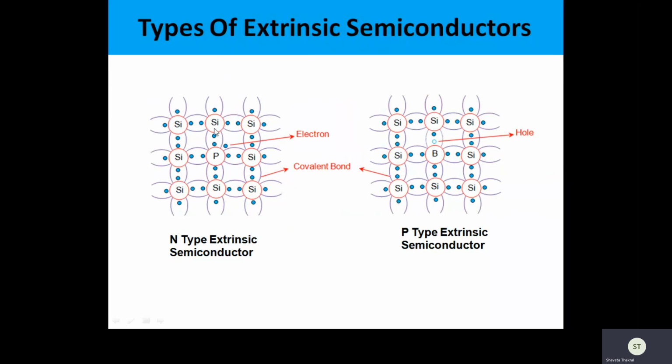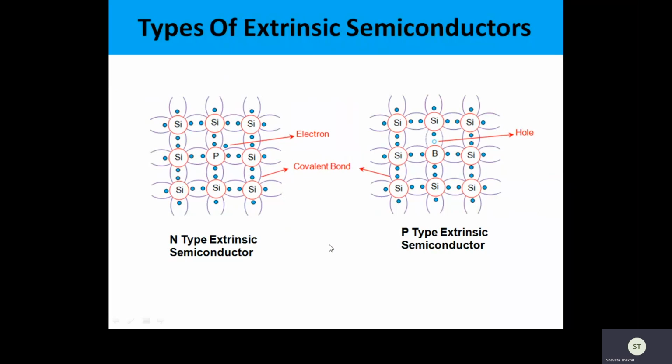Four are making covalent bonds with the 4 silicon atoms, as we can see here, and the fifth electron is free for conduction. In the case of trivalent impurity, it has 3 electrons in the outermost shell. So it can make covalent bonds with 3 silicon atoms, whereas the fourth silicon atom cannot make a covalent bond with the boron, and here the deficiency of an electron is there to make the covalent bond, and that is indicated by a hole here.